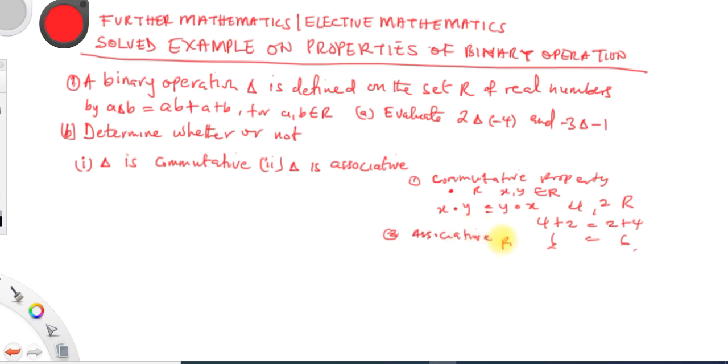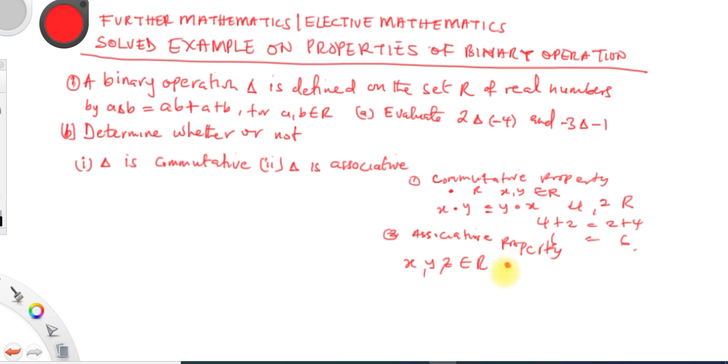With the associative property, unlike the commutative property, we take three elements. We can take X, Y, and Z from the set of real numbers, and then we can still take this operation dot.